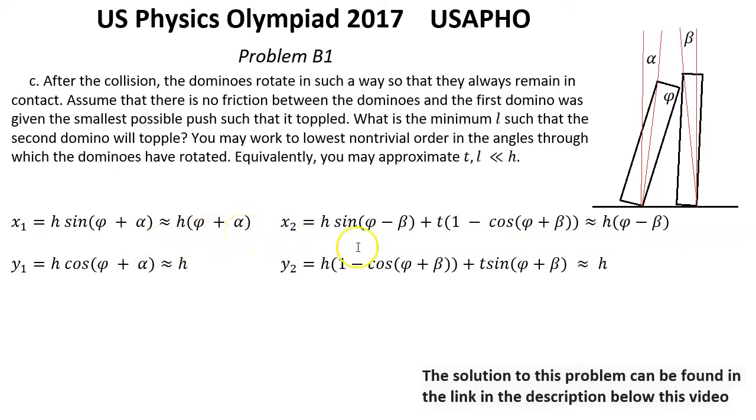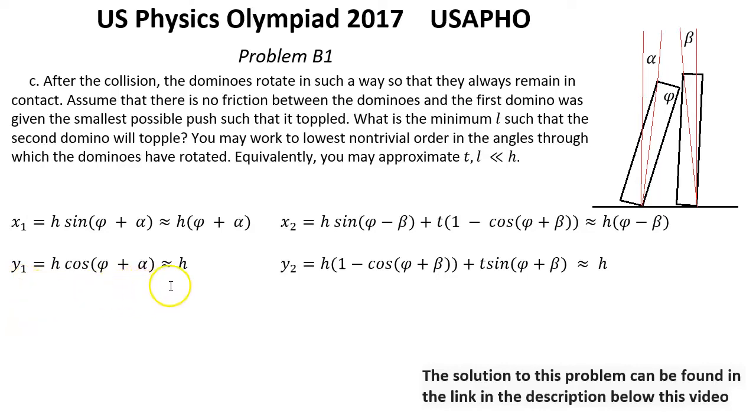And the x position for the upper left corner of the right domino will be this expression, which is approximately h multiplied by phi minus beta, because this term, multiplied by 1 minus cosine of phi plus beta, is second order compared to the first member, h sine of phi minus beta. And the same thing we can say about the height, the y coordinates.